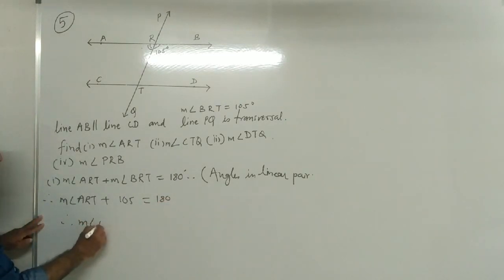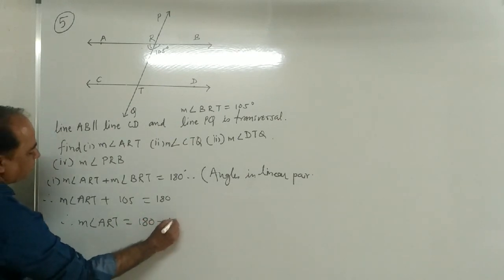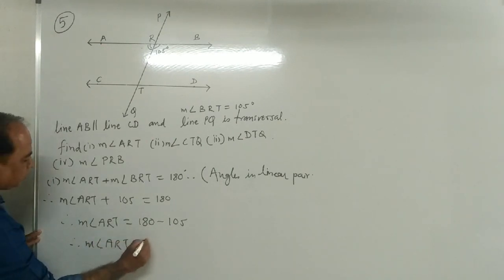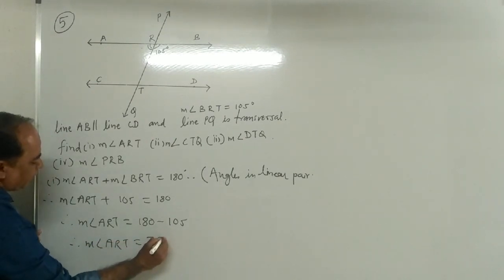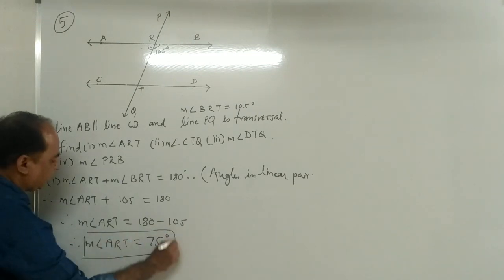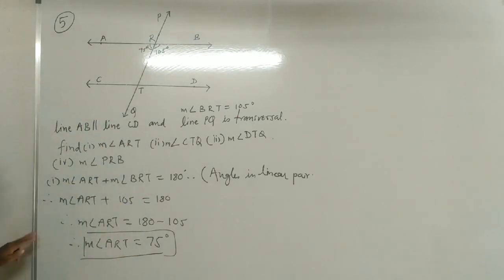Therefore, measure of angle ART is equal to 180 minus 105, which is 75 degrees.